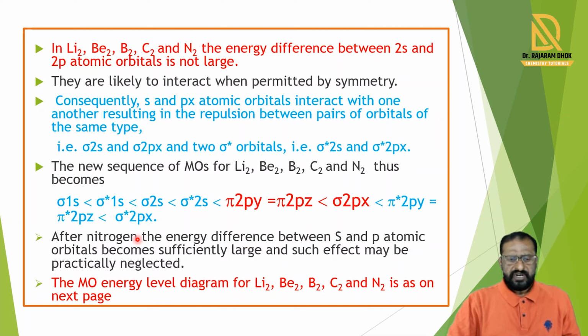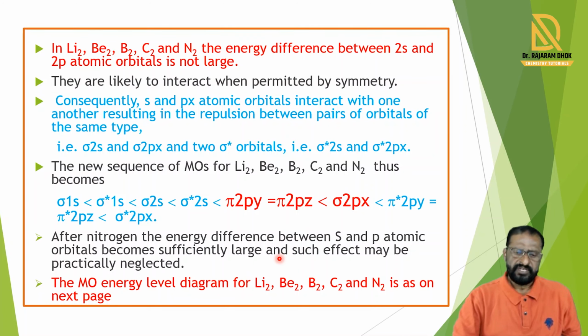Now after nitrogen, the energy difference between s and p atomic orbital becomes sufficient, and in that case the interaction between s and p orbitals of two different atoms is not possible, and at that time the energy level diagram is similar to what we showed in the previous diagram.